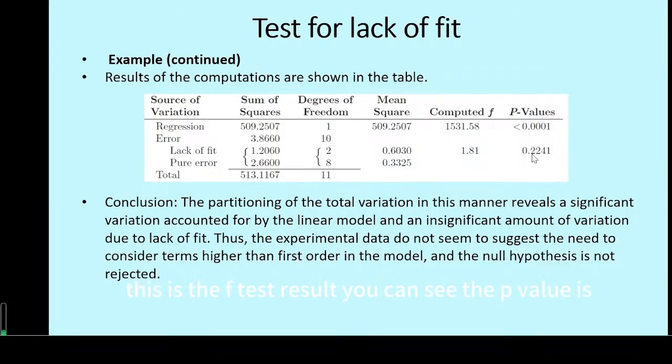You can see the p-value is quite large, much larger than 0.05. So the test is not significant, and we will not reject the null hypothesis that the lack of fit is 0. This means the model is correct, because the test is not significant and the lack of fit is very small compared with the pure error term.